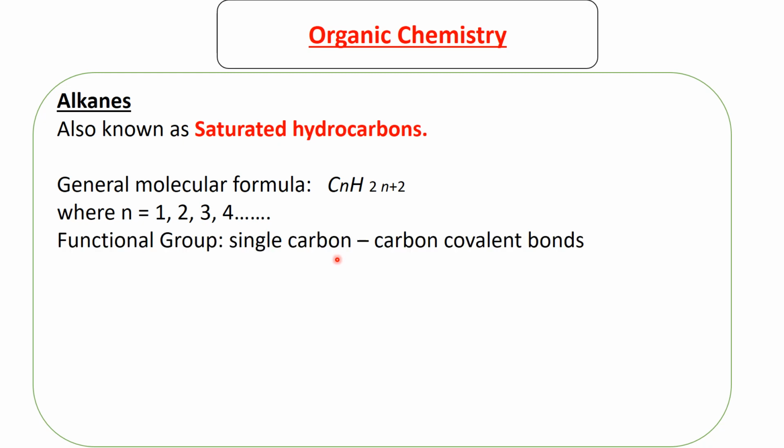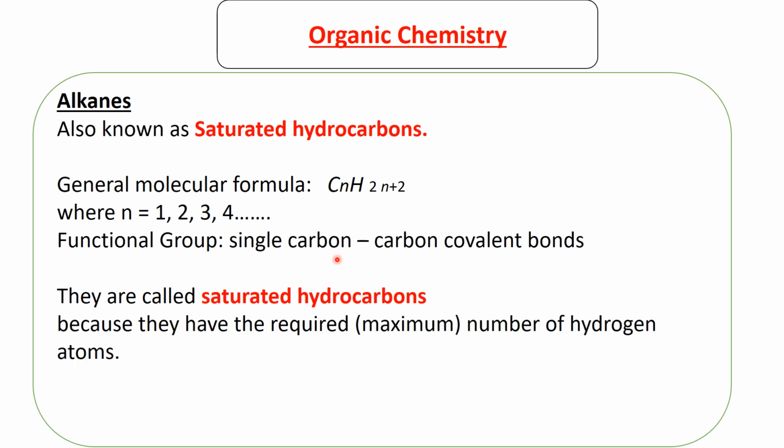Then their functional group is a single carbon-to-carbon covalent bond. All alkanes have a single bond between their carbon atoms. Now, why are they called saturated hydrocarbons? They are called saturated hydrocarbons because they have the maximum number of hydrogen atoms. In short, the maximum number of bonds that a normal carbon atom can form is 4 bonds.